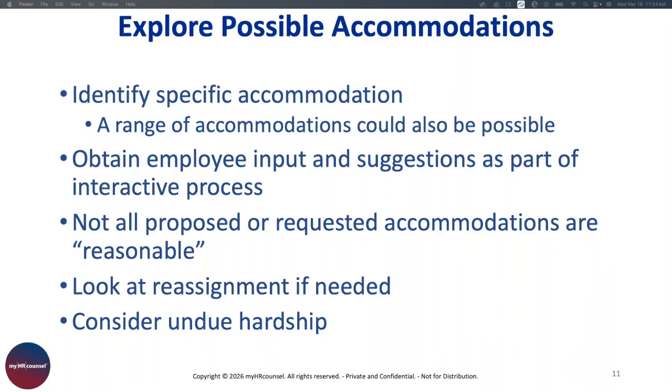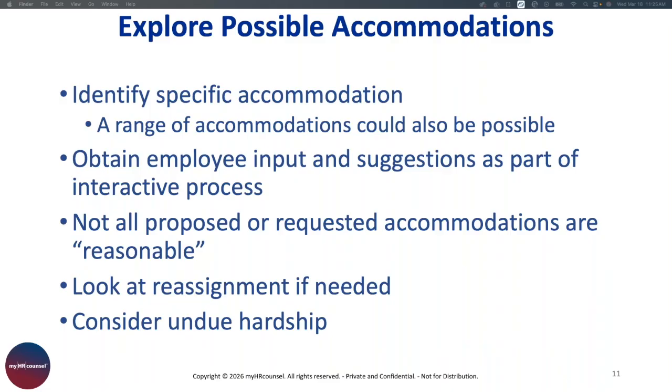You do not have to excuse a violation of a uniformly applied conduct rule that is job related and consistent with business necessity. For example, conduct rules related to violence, stealing, or destruction of property. Accommodation does not have to be made that allows those. You do not have to remove other employees from their position to accommodate a disabled worker or create a new position.